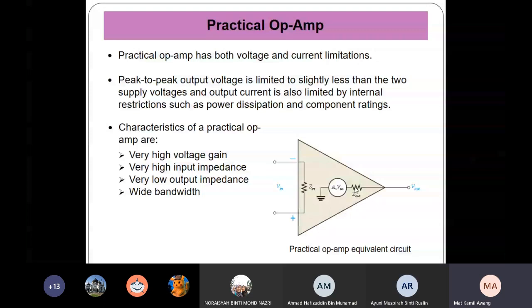This is very low, but not 0. And the AV is not infinity, you have some very high value, but not infinity. And it has a wide bandwidth. That is the difference between the ideal op-amp and the practical op-amp. So far, any question? Clear?